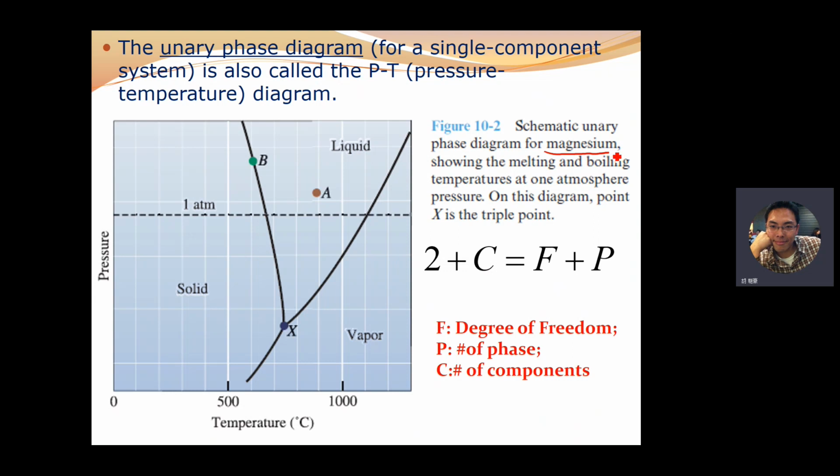So if the situation for the magnesium is at point B, how many degrees of freedom does it have?